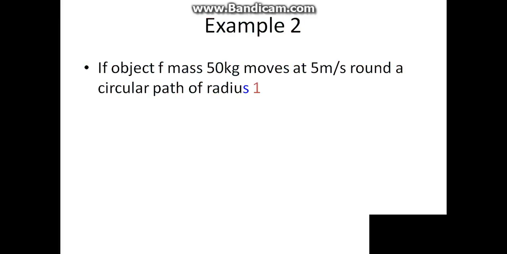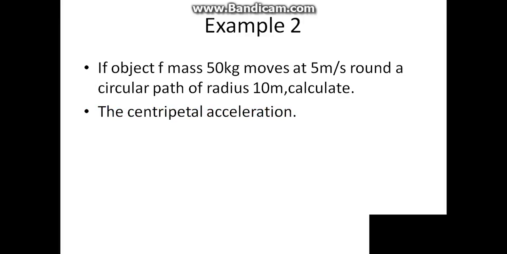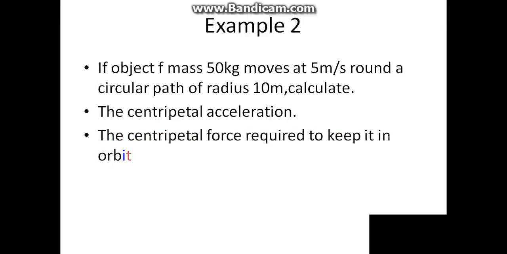Example 2. If an object of mass 50 kg moves at 5 meters per second round a circular path of radius 10 meters, calculate the centripetal acceleration and the centripetal force required to keep it in orbit. Solution.